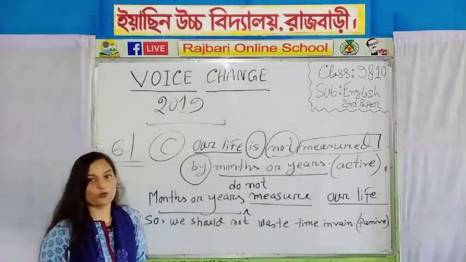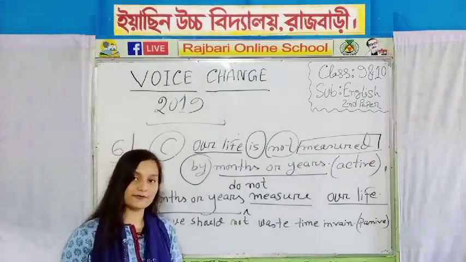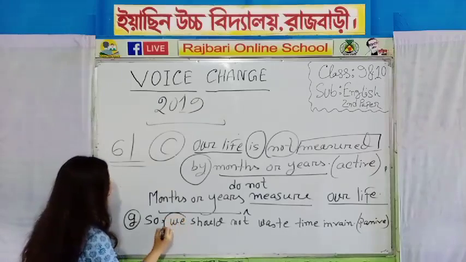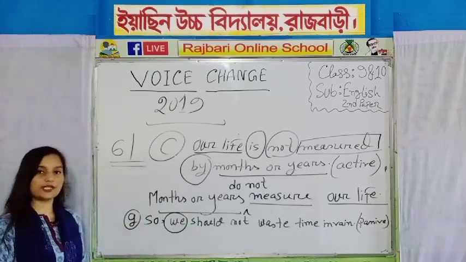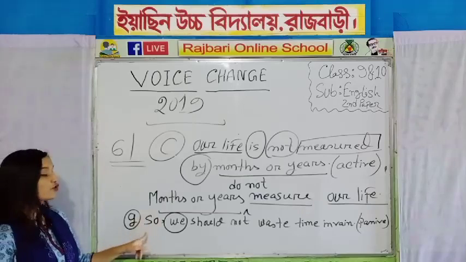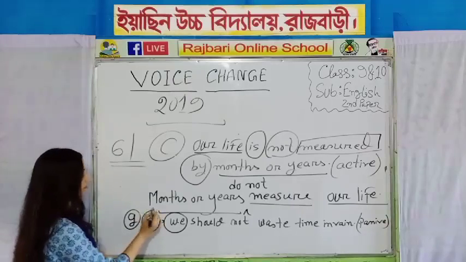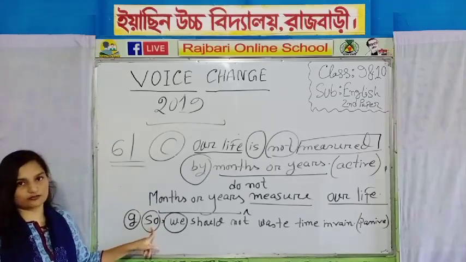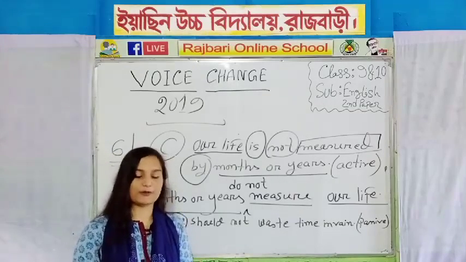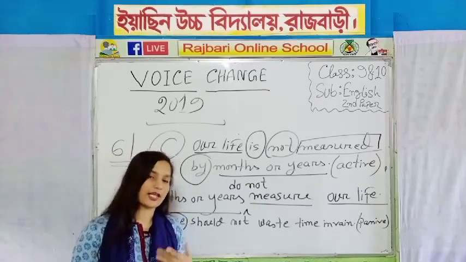Now we already know how to do active to passive. The first thing is we have to identify the subject, right? But one thing, here you can see the word so. So is an extension. In active or passive, both types of sentences, you will sometimes get lots of extensions.